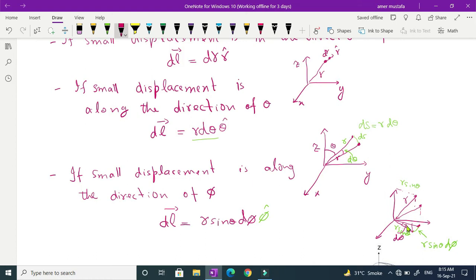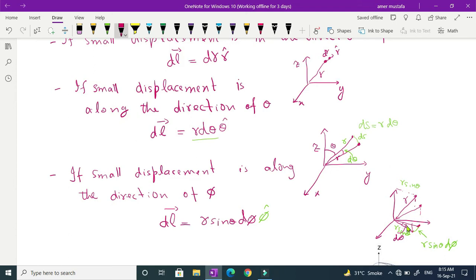So this is the case when the infinitesimal displacement is along some particular coordinate. If the infinitesimal displacement is in space, in that case the change of r, change of theta and change of phi occurs.